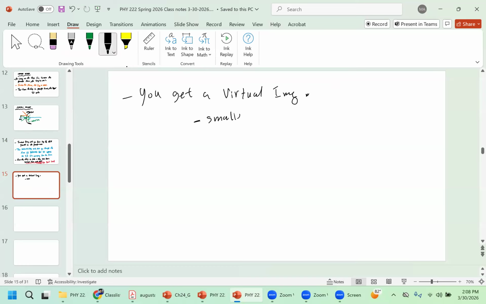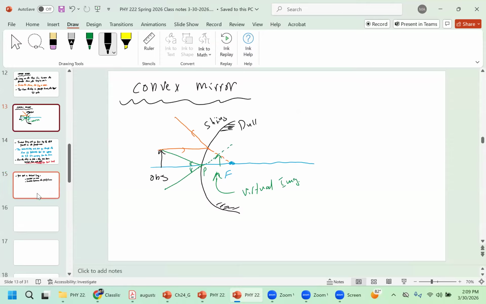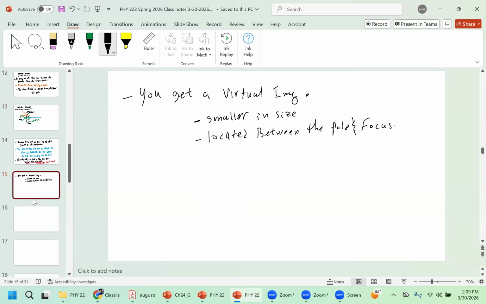It's going to be smaller in size and it's located between the pole and the focus. And that's exactly what we got over here.